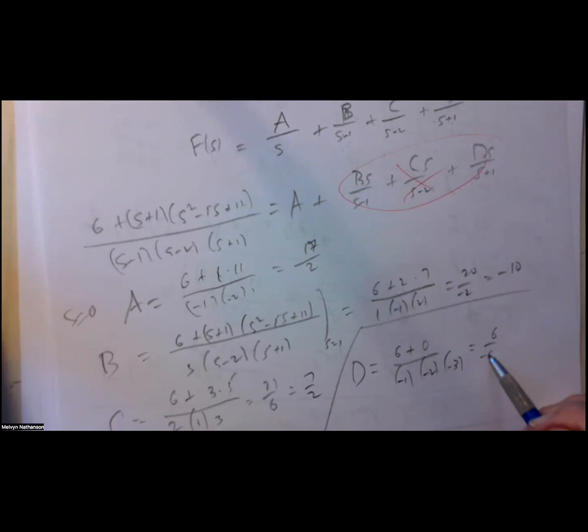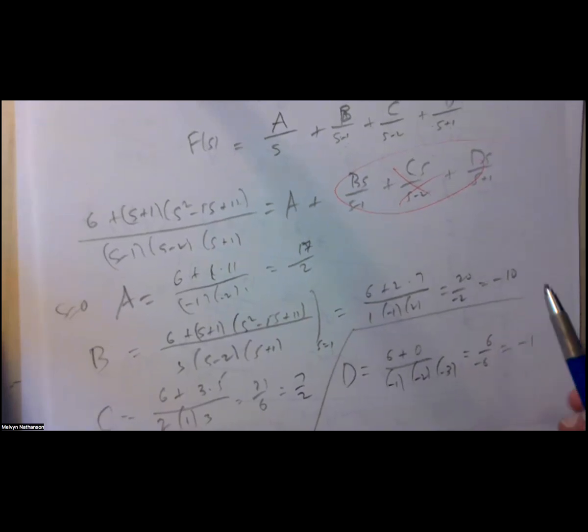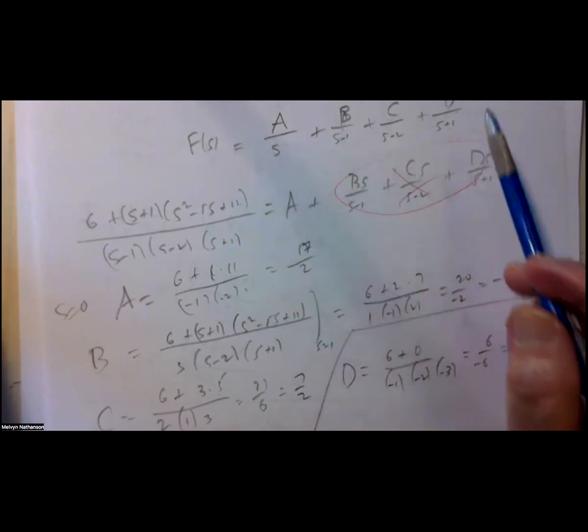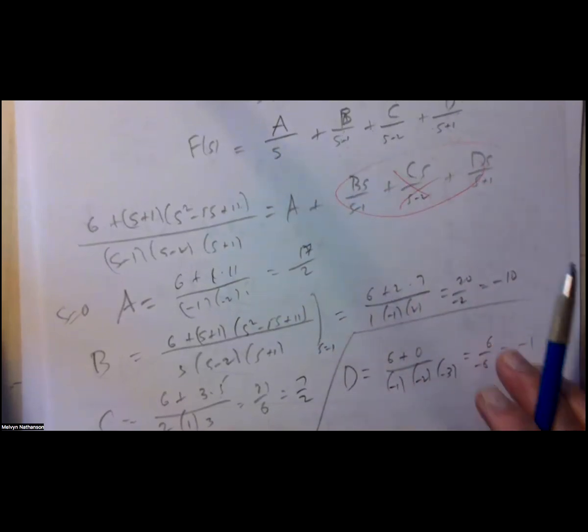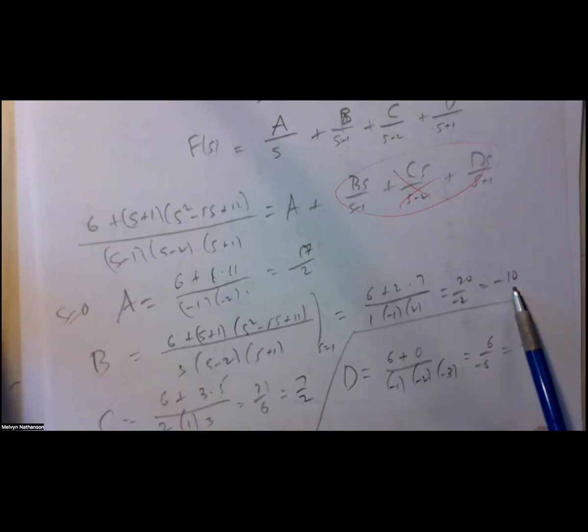So that's 6 over -6, or -1. So A, B, C, and D are equal respectively to 17 over 2, -10, 7 over 2, and -1. And we've solved the problem.